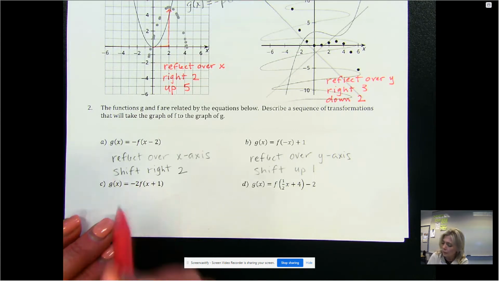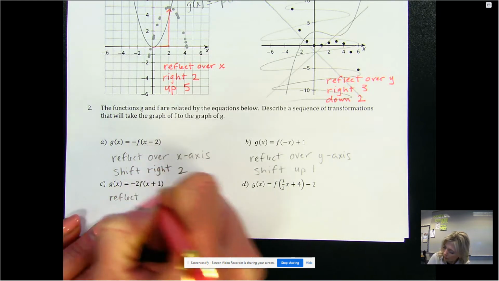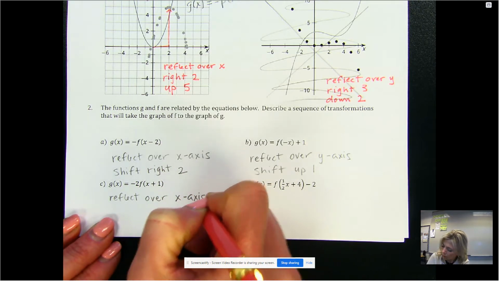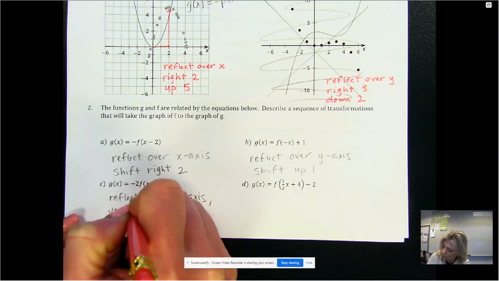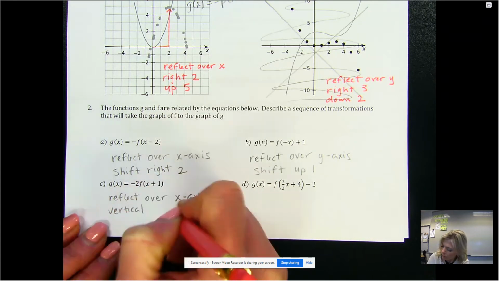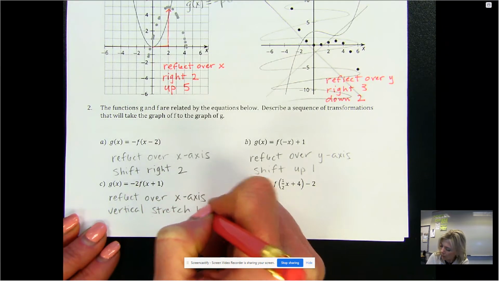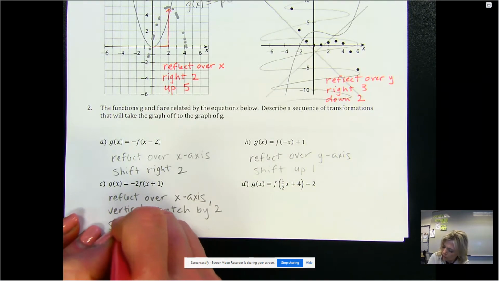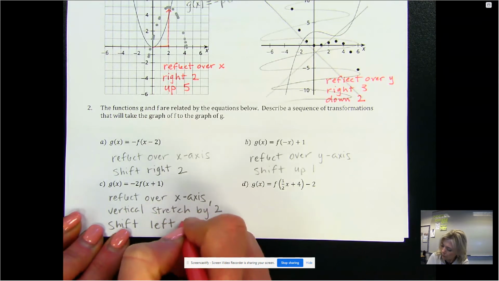So we're going to reflect over the x-axis, vertical stretch by a factor of 2, and then shift to the left 1.